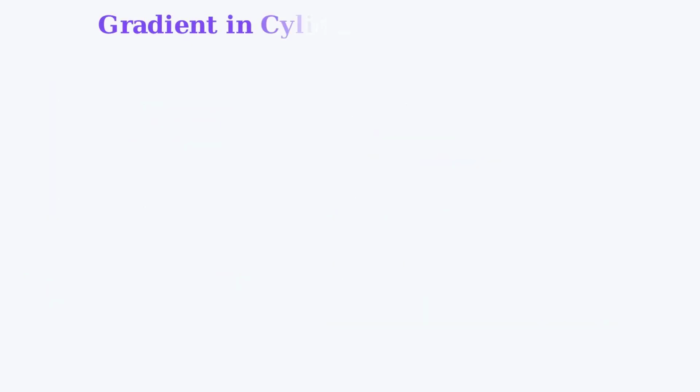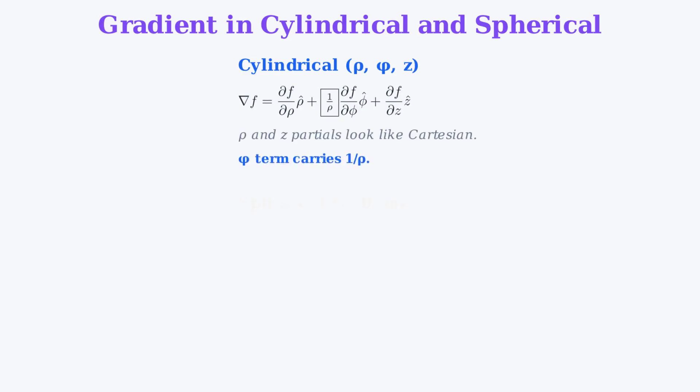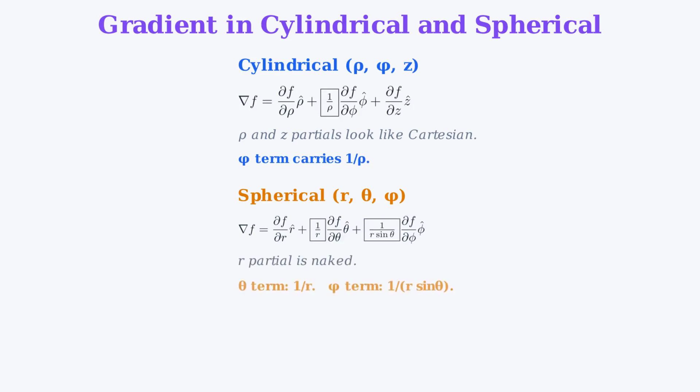Let's write the two formulas side by side. In cylindrical, nabla f equals partial f partial rho rho hat plus 1 over rho times partial f partial phi phi hat plus partial f partial z z hat. The rho and z partials look just like Cartesian, only the phi term carries the 1 over rho.